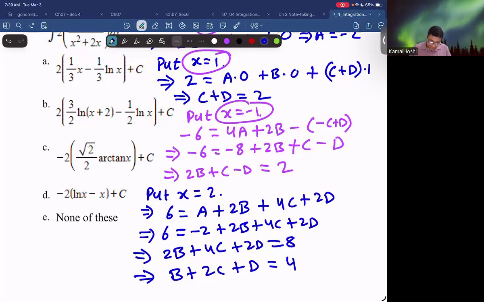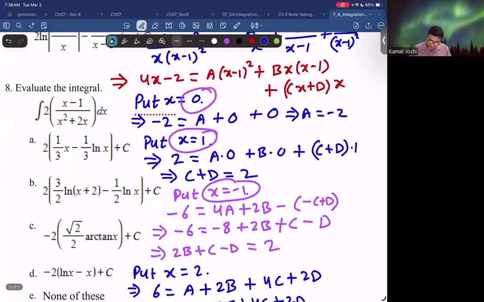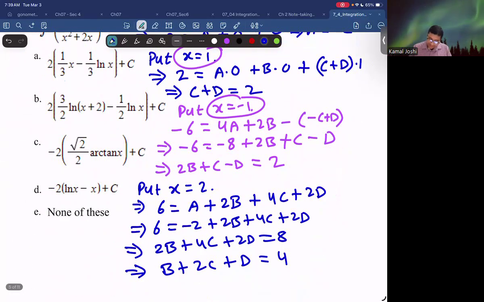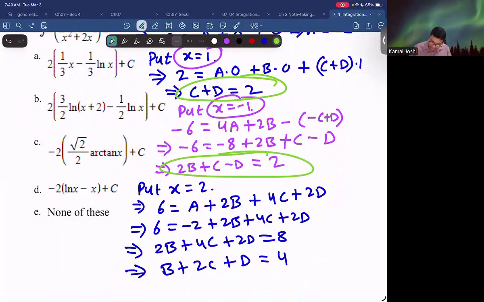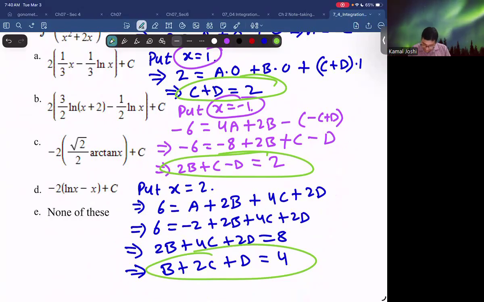The reason this is not going to be enough is I can already see that of the 3 equations we have right now, c plus d equals 2, this and this, they are not independent. If you combine the first and the second equation, or the second and the third, both of them have b.